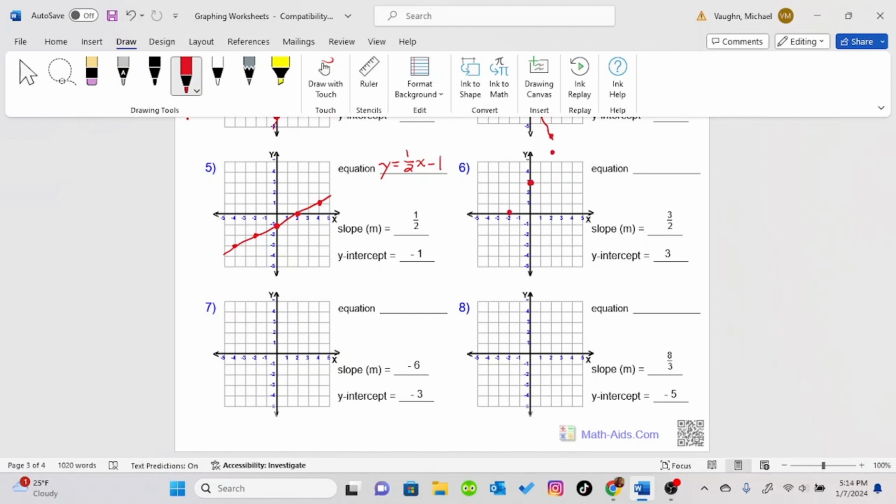Down 3, left 2. And now we can connect the points, and we have our graph. The equation is y equals the slope x and the y-intercept plus 3.